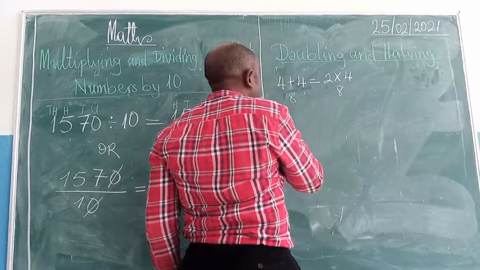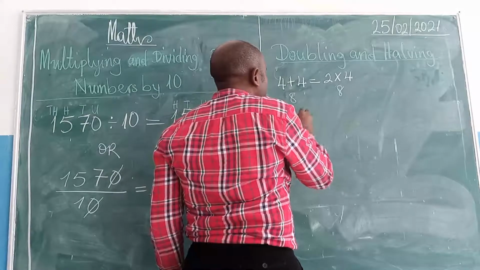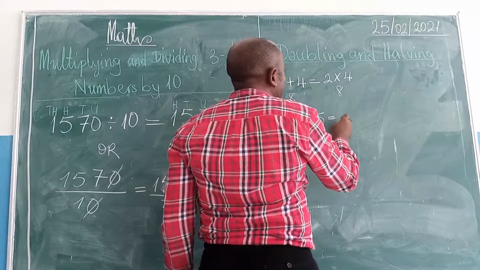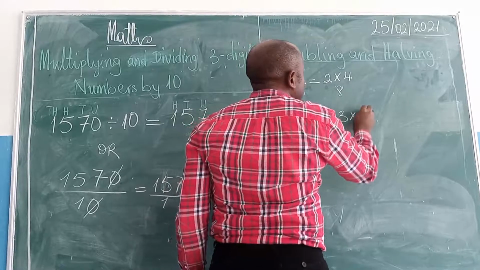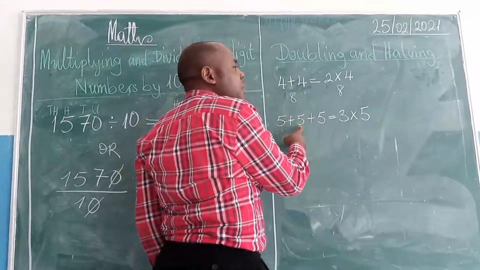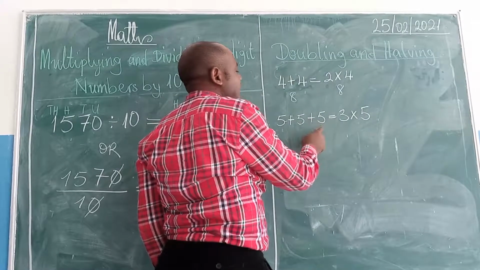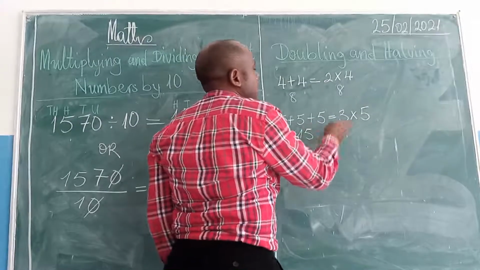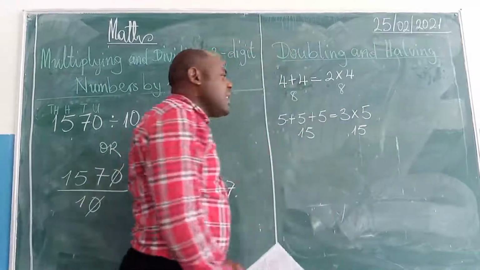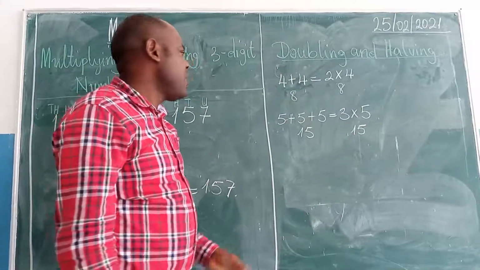Again, 5 plus 5 is equal to 3 times 5. 5 plus 5 is 10, plus 5 is 15. 3 times 5 is 15.